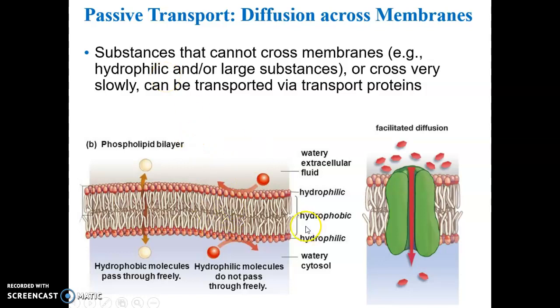If we remember the makeup of the phospholipid bilayer, most of it is the fatty acid tails, which are hydrophobic. The phosphate groups are hydrophilic, so most of the membrane is hydrophobic. So things that are hydrophobic in nature, like lipids, can get across quite easily. Hydrophilic substances cannot get across easily.